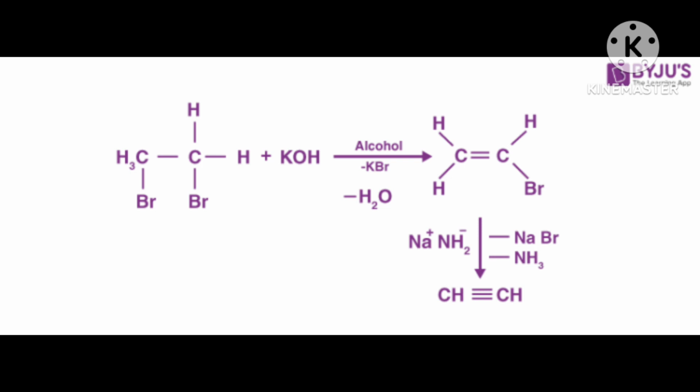First carbon has bromine and second carbon also has bromine. That's why it is called a vicinal dihalide. Then this vicinal dihalide plus KOH, what will it give? Actually, this reaction will take place in the presence of sodamide.